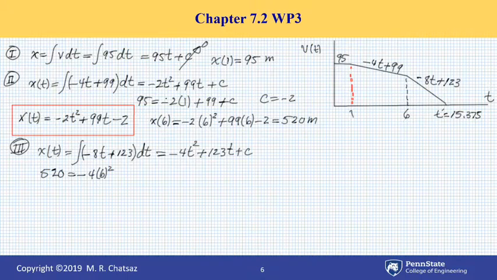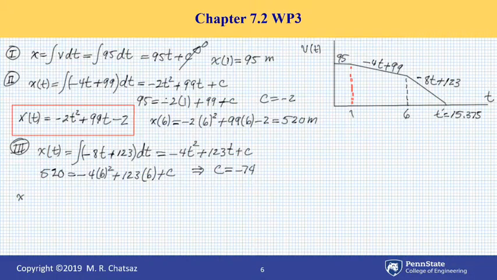So then I have plus 123 times 6 plus c. Solving this equation will give us c equal to minus 74. So taking a calculator and figuring out c, that's what we get.